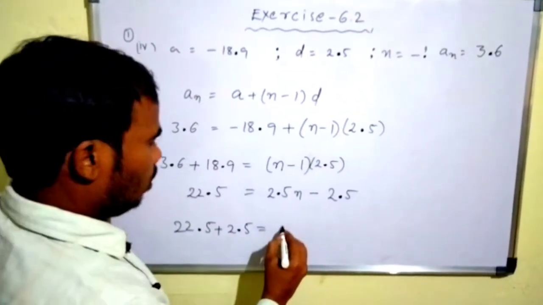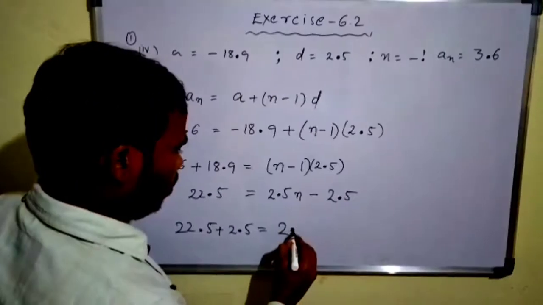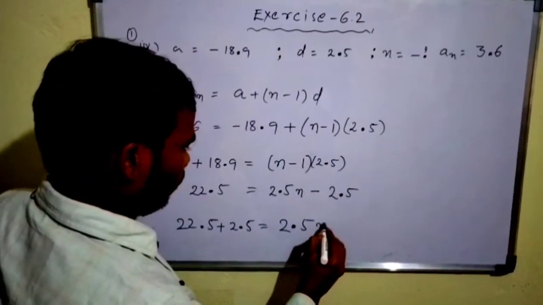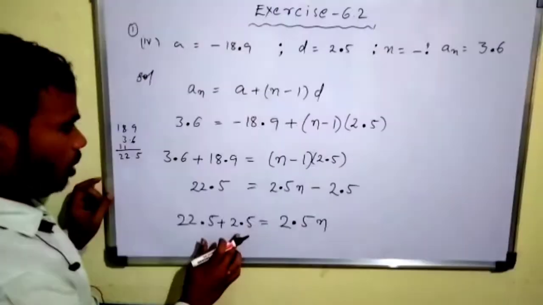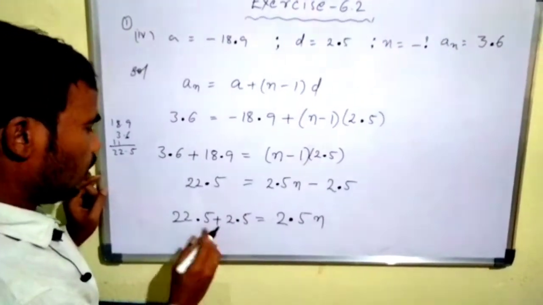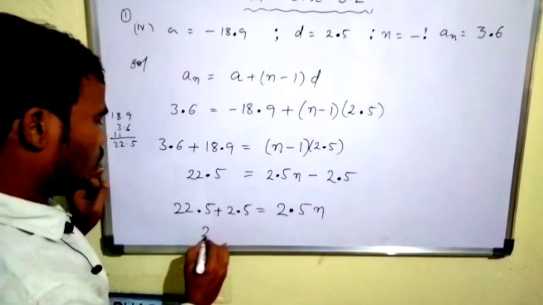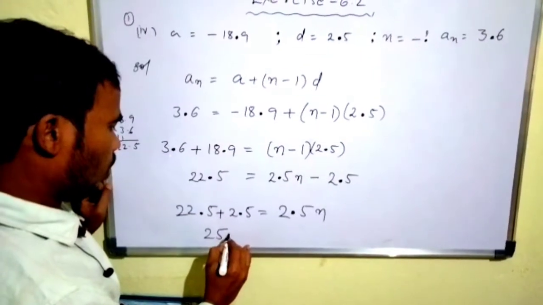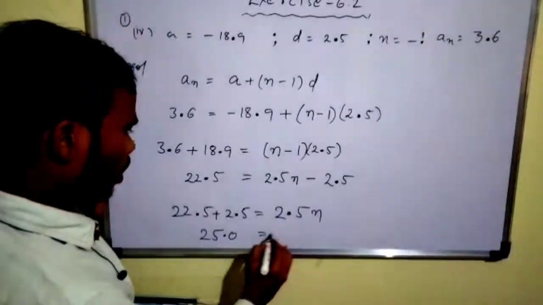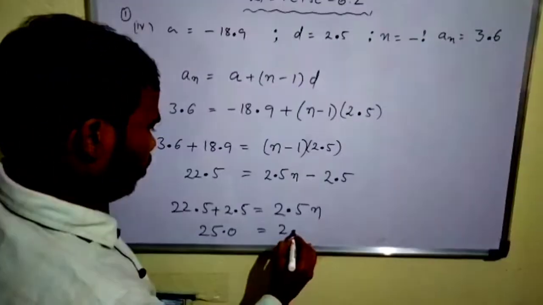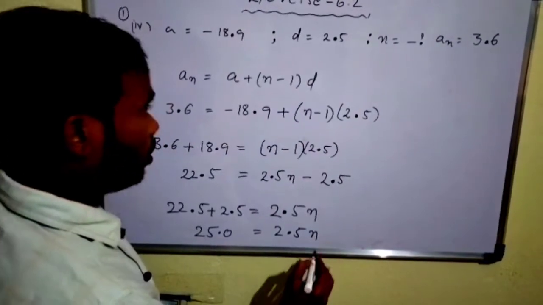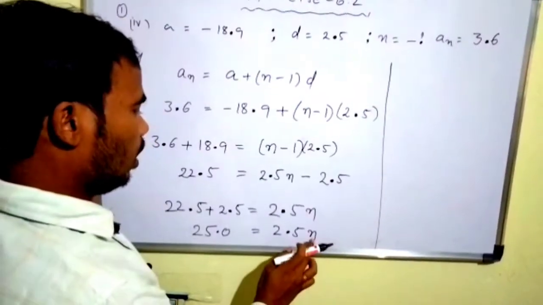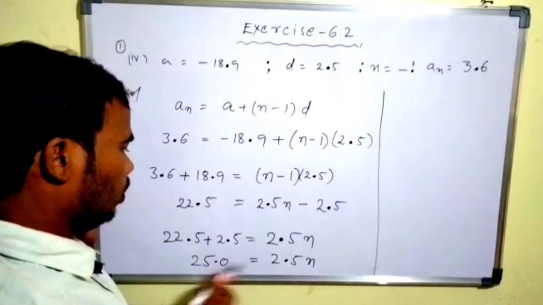On the right side only 2.5 n is left. So 22.5 plus 2.5 is 25.0, and on the right 2.5 n.